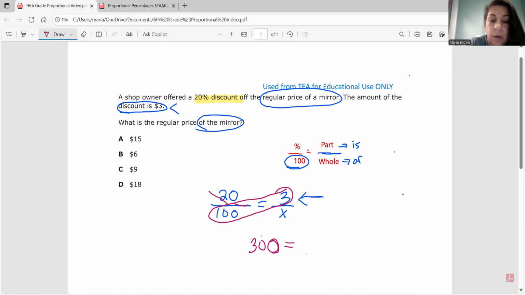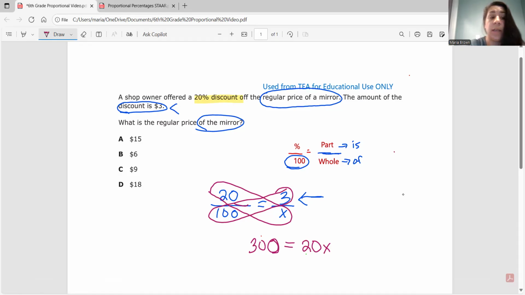Then we're going to cross multiply our 20 times x. How do we write that? 20 times x, they're right next to each other. That symbolizes that we're multiplying. So we have 20 times x equals 300. That means that 300 divided by something equals x.